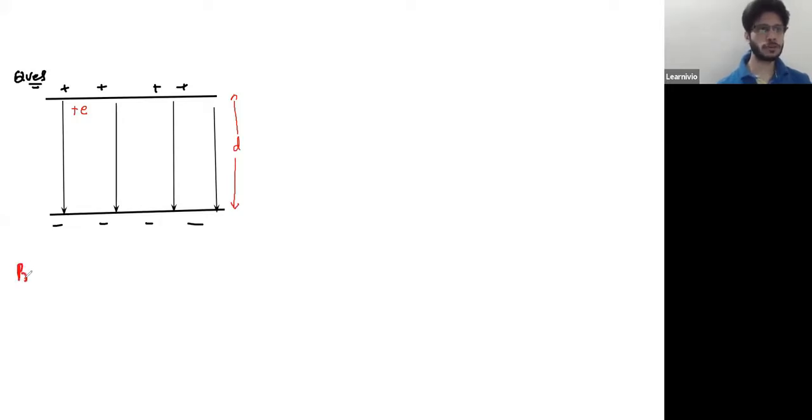So proton will experience force in downwards direction. And you also place an electron here. Electron is negatively charged particle, so it will experience force in a direction opposite to that of electric field.